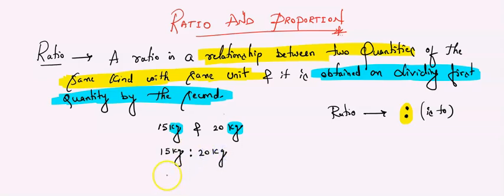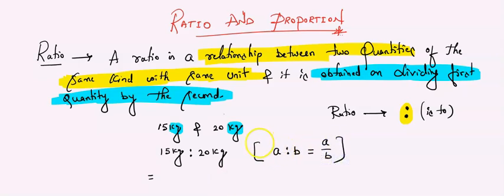15 kg is to 20 kg, that is equal to, okay, this ratio you can write in fraction form. Actually it is in the form of A is to B. A is to B can also be written as A divided by B. You should not forget this.